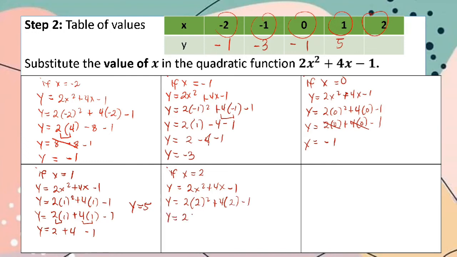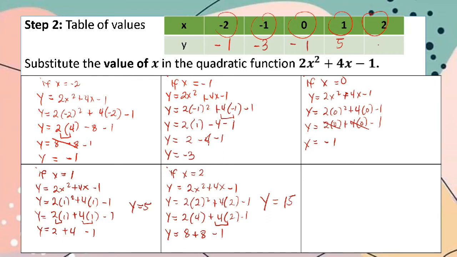Then, plus 4 times 2 minus 1. Next natin is to simplify the parentheses. So, y is equal to 2 times 4 is 8. And then, 4 times 2 it is equal to positive 8. So, plus 8. Then, subtract by 1. So, 8 plus 8 is 16. Then, minus 1, it is equal to 15. So, y is equal to 15. So, therefore, y is equal to 15 if x is positive 2.